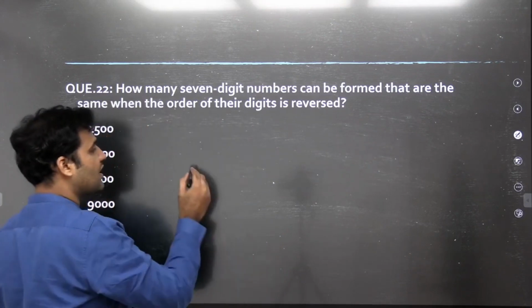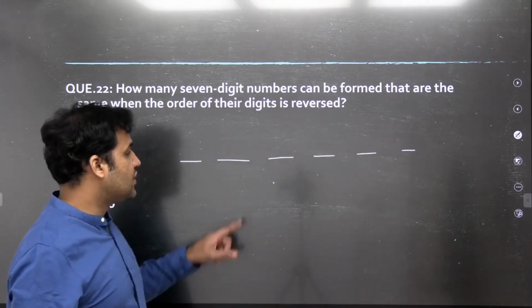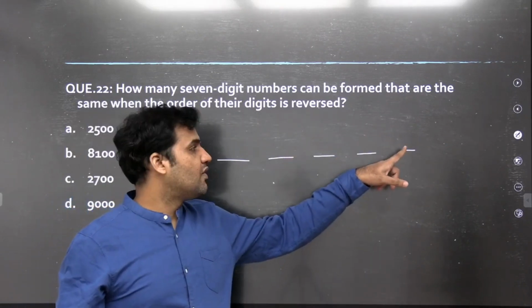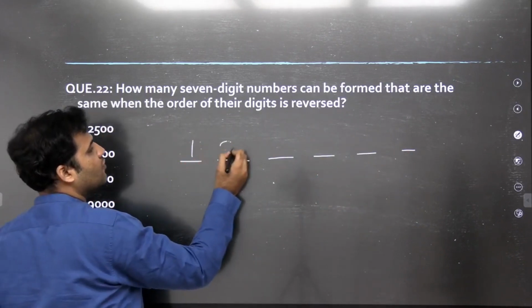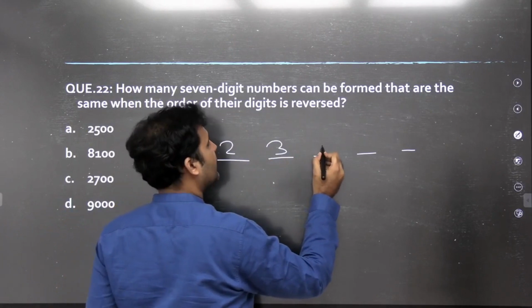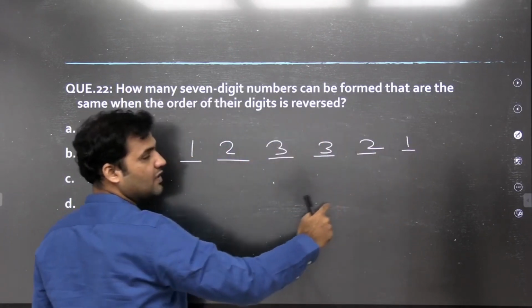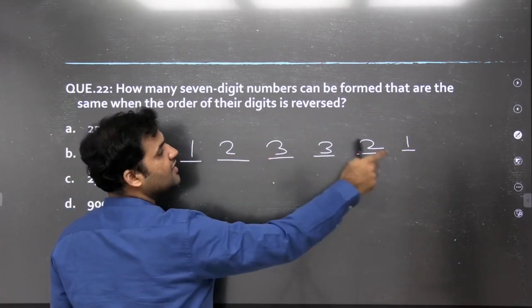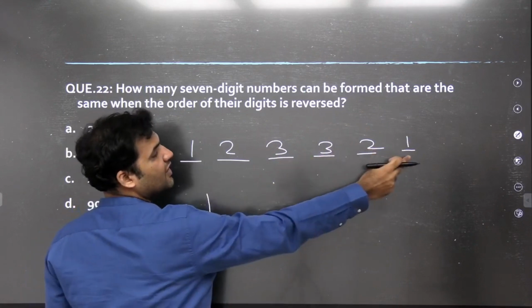Guys, palindromic numbers are those numbers which read as the same number when you reverse the order of the digits. That means if I write down any number, 1, 2, 3, 3, 2, 1, and I reverse the order of the digits, that means I start reading this number from the last digit, the same number will appear again.